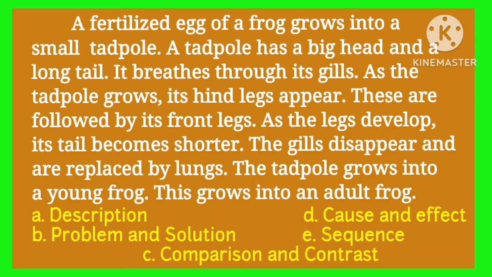The gills disappear and are replaced by lungs. The tadpole grows into a young frog. This grows into an adult frog. This text is an example of a sequence. Well done, kids!